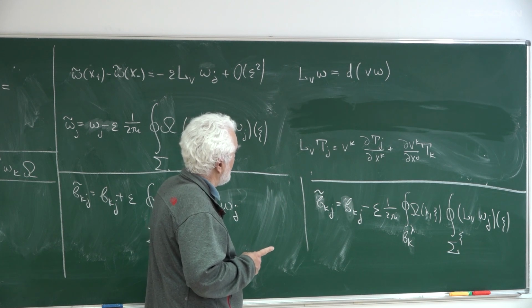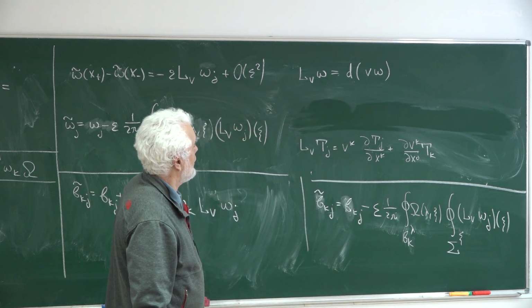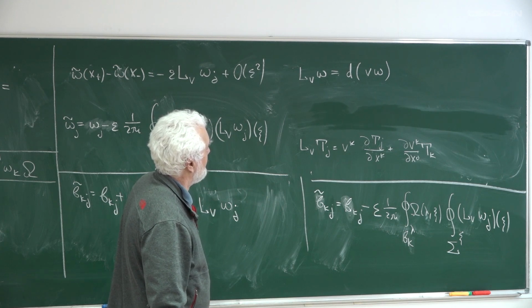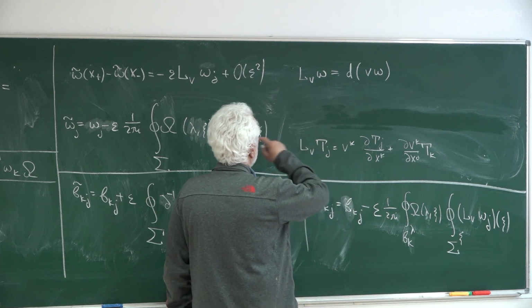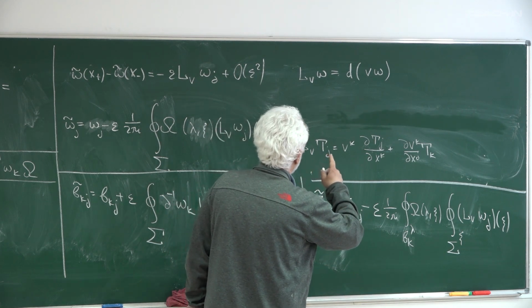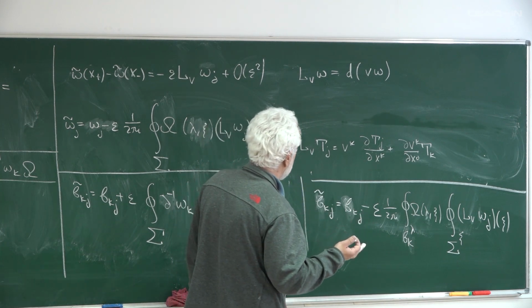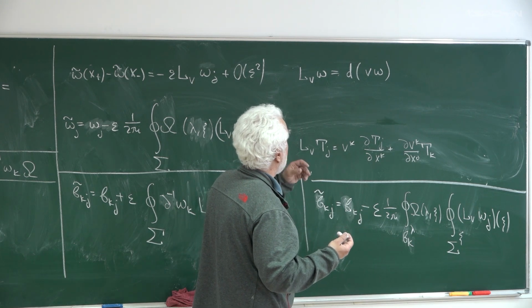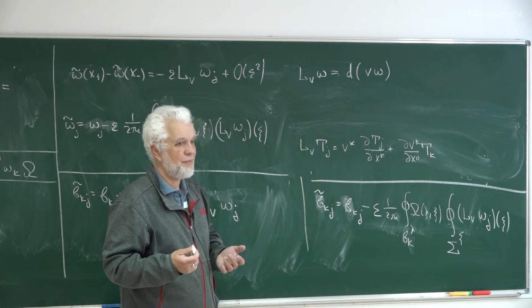But okay, in this case, what do we have? In this case, we see that we have the form, we have only one variable. We have only one variable. And because we have only one variable, we have here one term, you see.